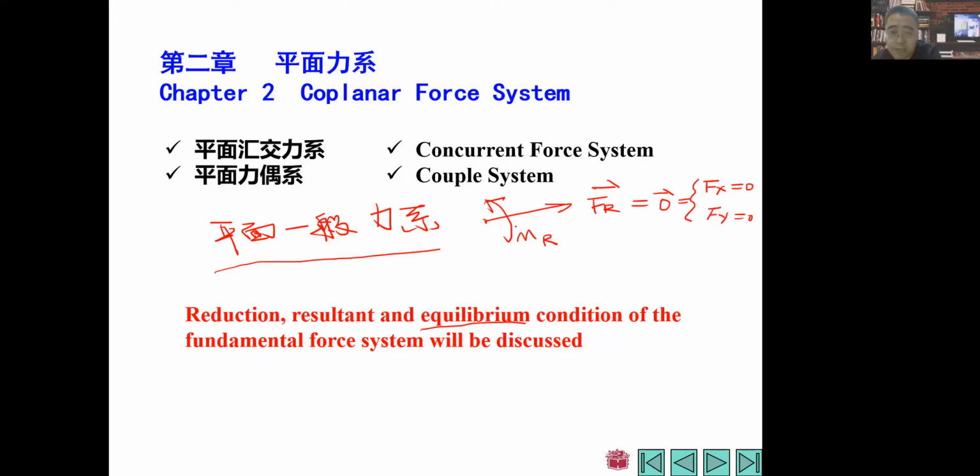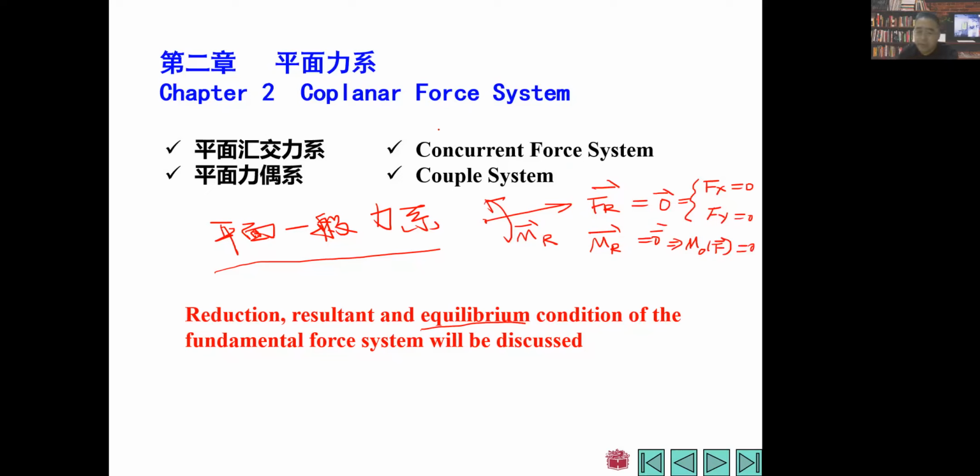And MR should also be 0, which deduces another equation. We can arbitrarily select a point, and the sum of the moments of all the forces in this force system about this point will be 0. Actually, that's all we will learn through this chapter.